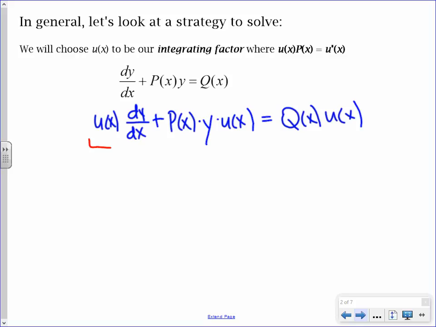I want you to take a hard look at this right here. This is a pattern that you should maybe be able to recognize. Keep in mind, u prime is u of x times p of x. The equation with y, that is the derivative. So it's y u prime x.